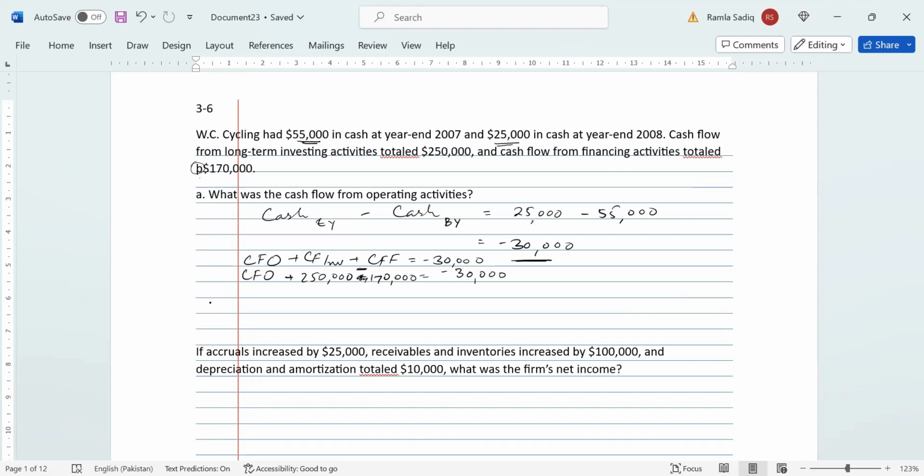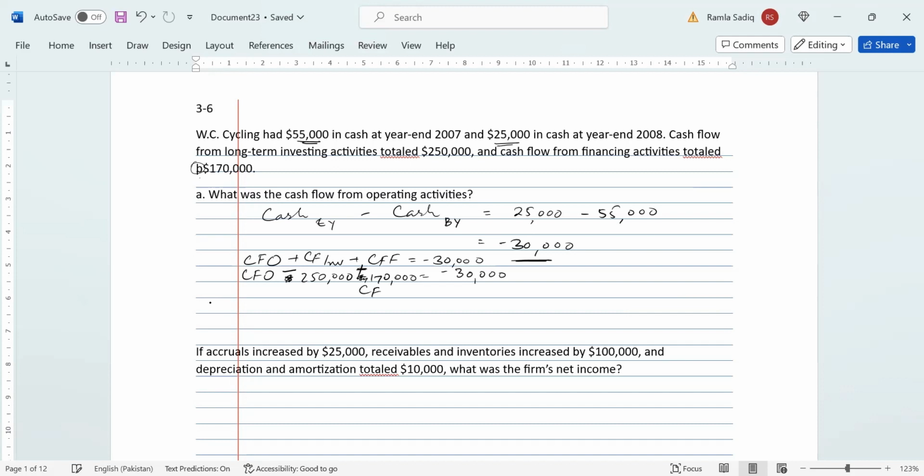Investing activities normally have a negative sign, and our financing activities will always have a positive sign because you're receiving money in financing activities, but you're investing money. It's a cash outflow in your cash flow from investing activities. And so when we flip this over to the other side, the negative will become a positive and the positive will become a negative.